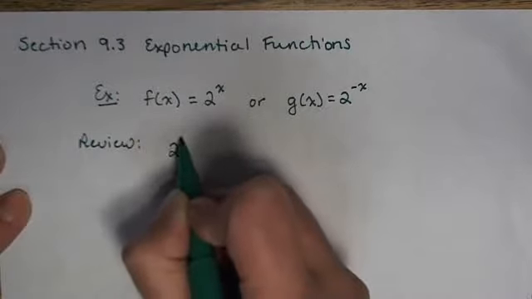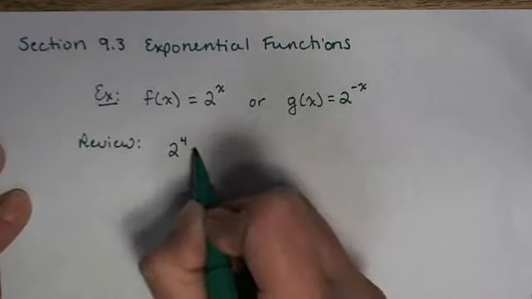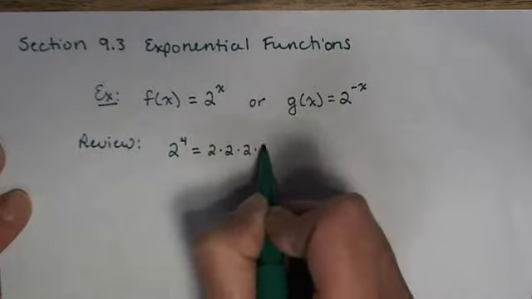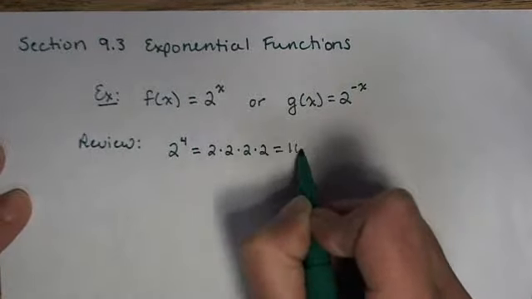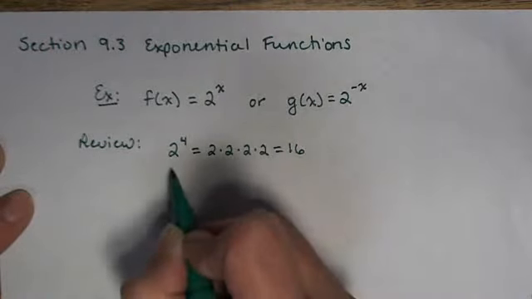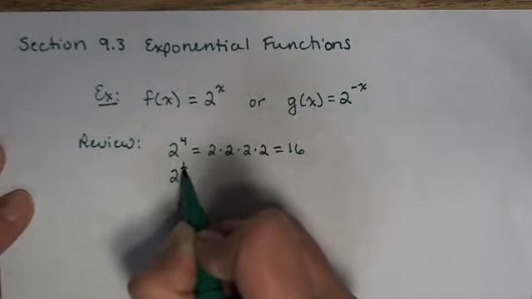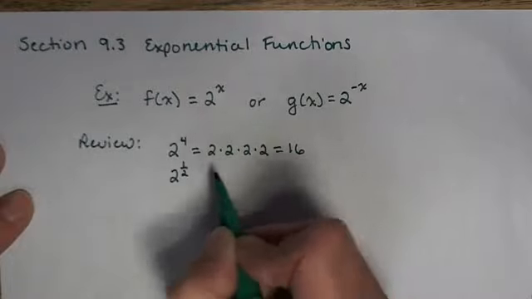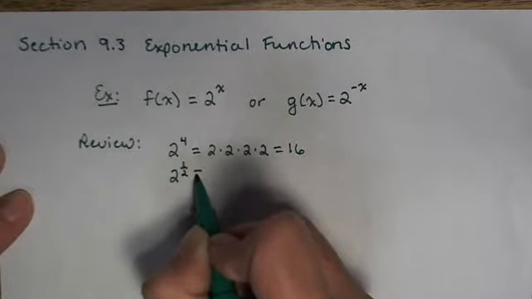Now, you remember what 2 to the 4th means. Again, what that means is that you have 2 times 2 times 2 times 2, or 16. Again, that's what an exponent means. But some may not be as easy as others to determine what they mean. 2 to the 1/2, that's one that should be somewhat familiar from our last unit of study.